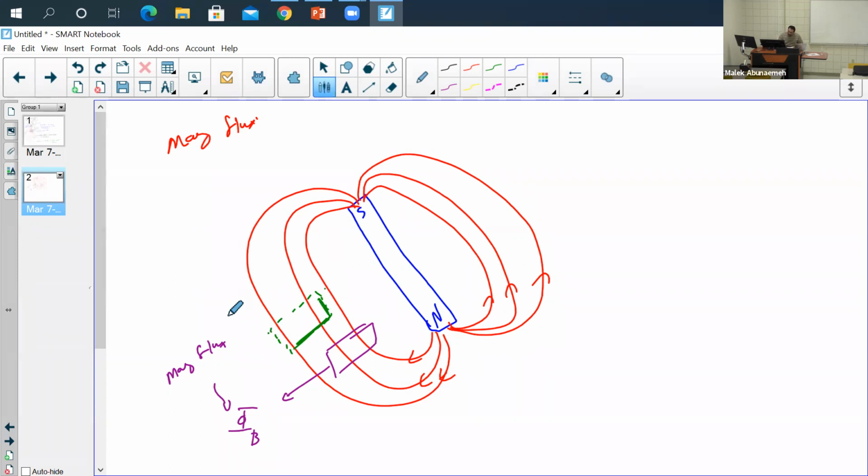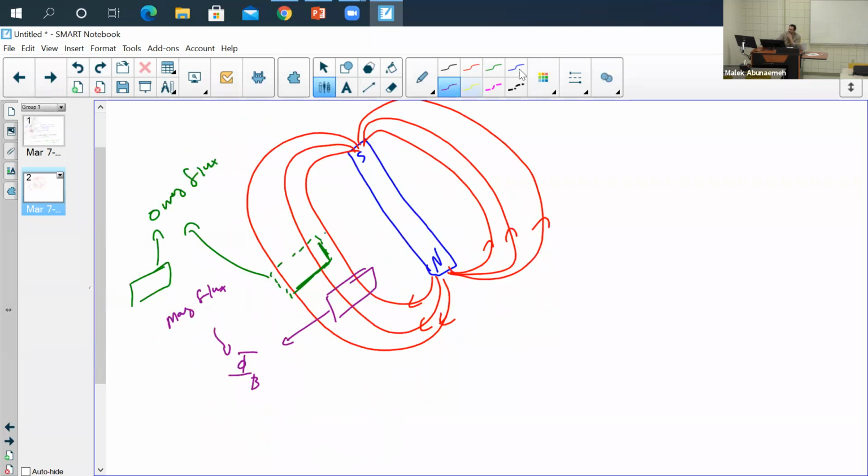This is going to be zero magnetic flux. And if you take it out and put it right over here, same thing, you're going to get zero magnetic flux because nothing is flowing through it.